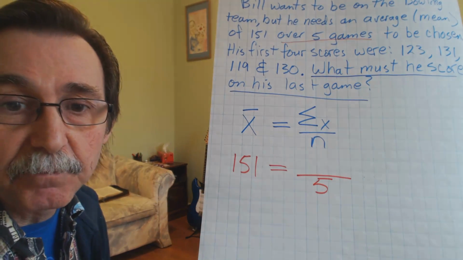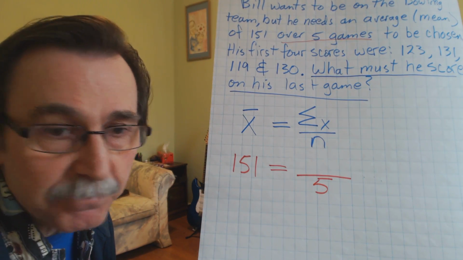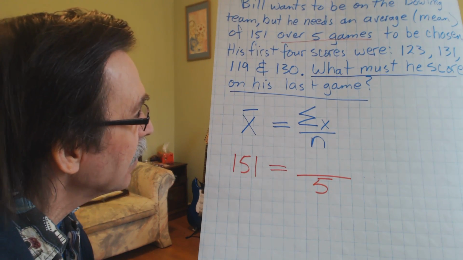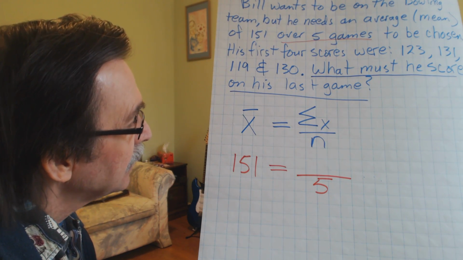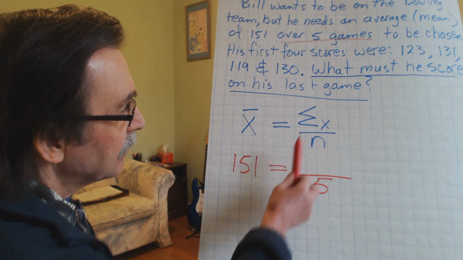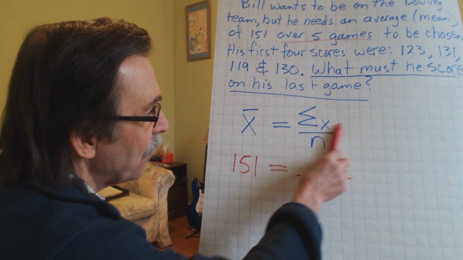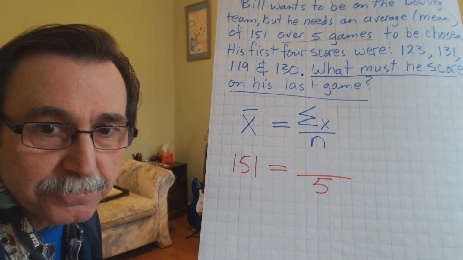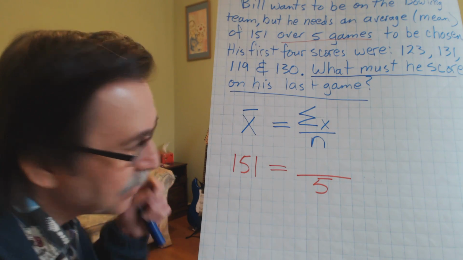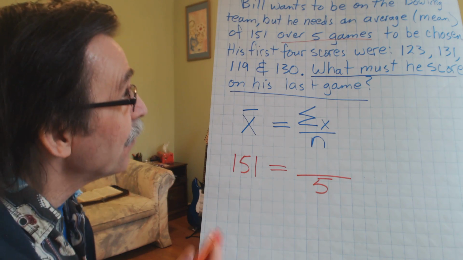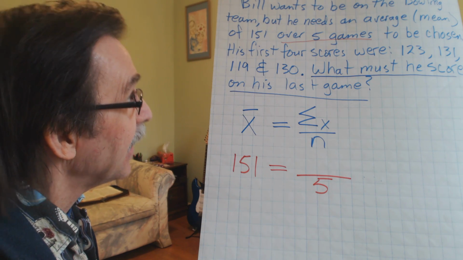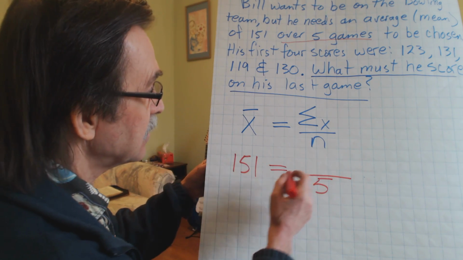Uh-oh, this is looking a little bit scary perhaps to some, but not really. Hang in there. Now this fancy notation up here says the sum of all the scores. Well, we don't know the sum of all the scores, but we do know 4 of them. And let me write those out like this.